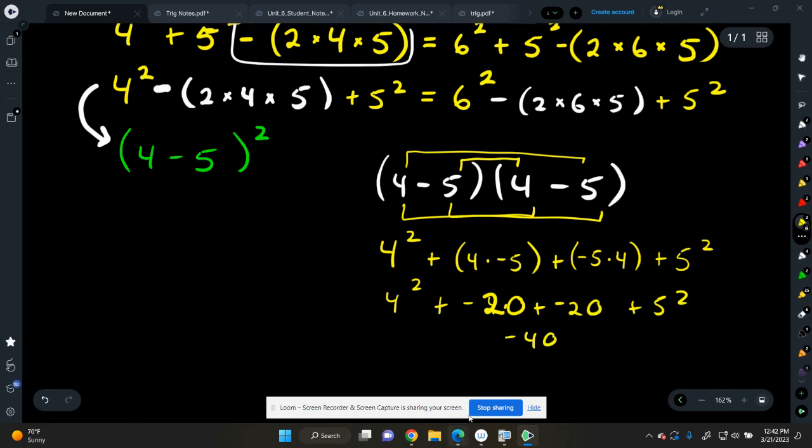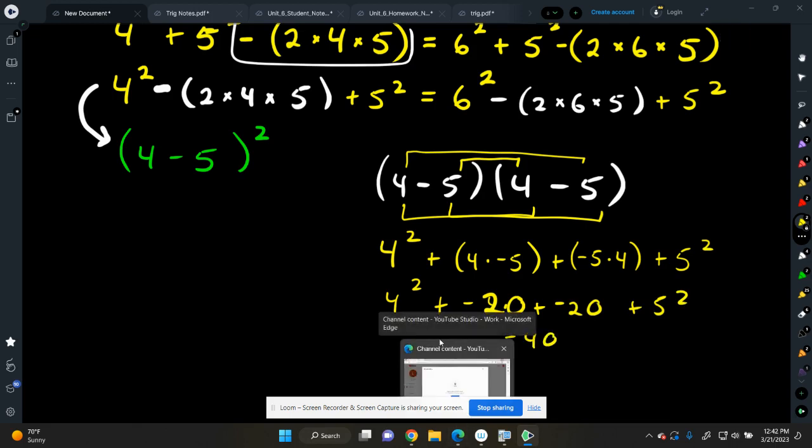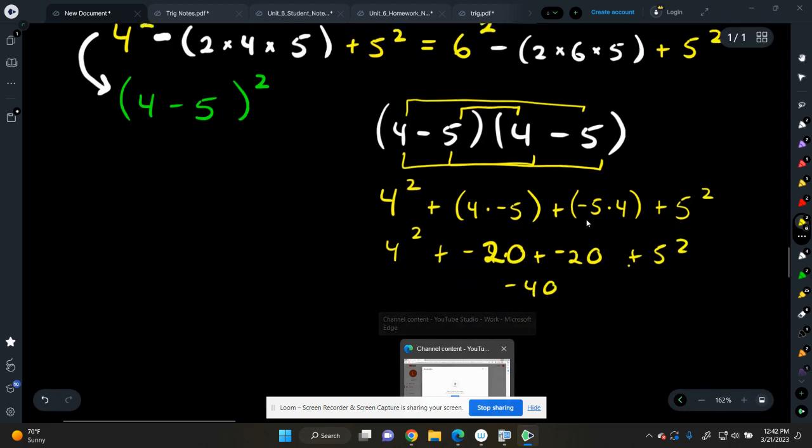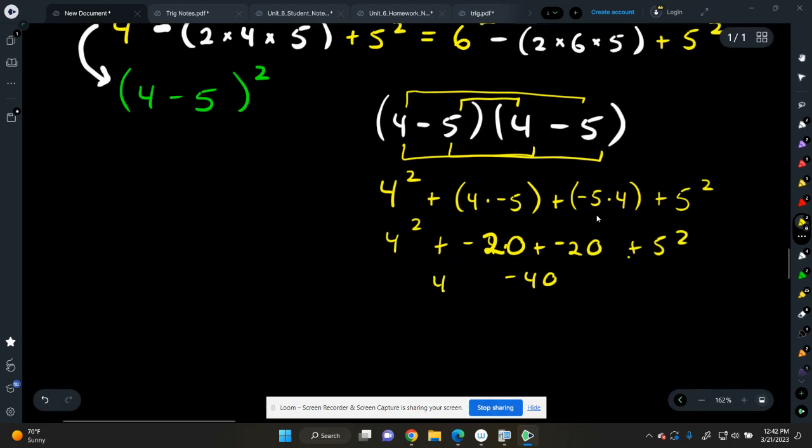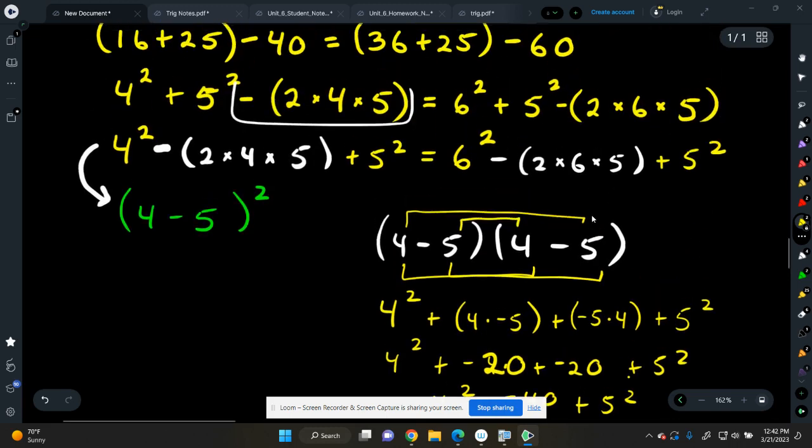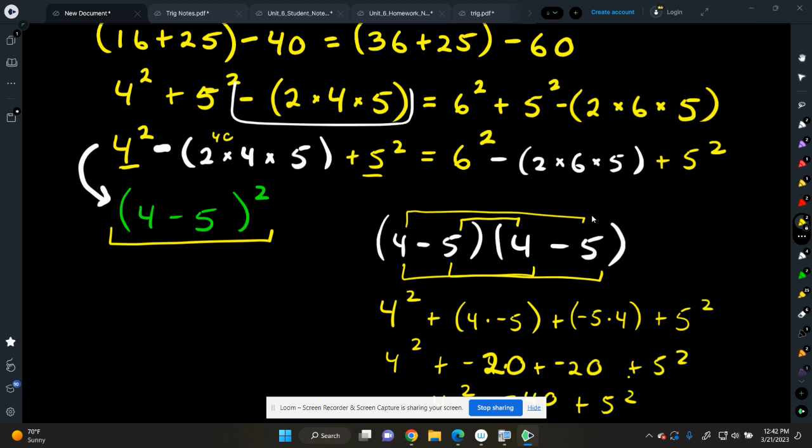Negative 40, right? So I've got 4 squared minus 40 plus 5 squared. Well, let's look at this. This is 4 squared. What is this? 40 minus 40 plus 5 squared. So I just showed you that 4 minus 5 squared is actually the same as this up here.